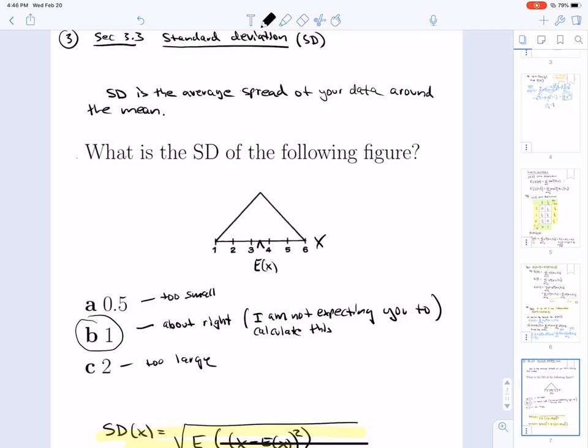And 2 is too large because most of our data is between 3 and 4. So 1's about right. Most of your data is between 2.5 and 4.5.